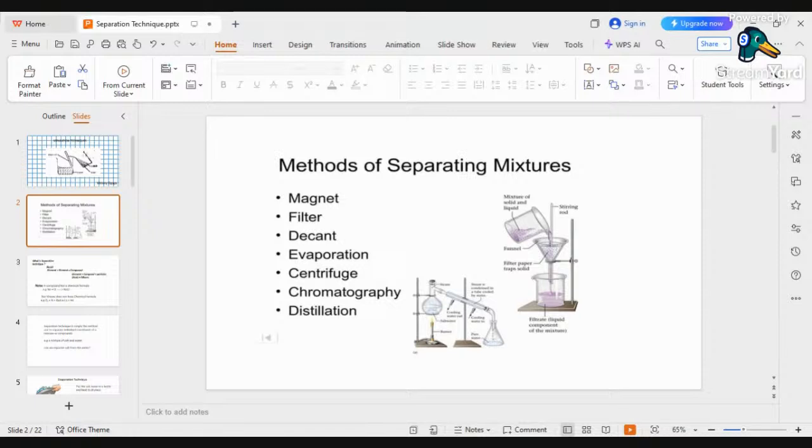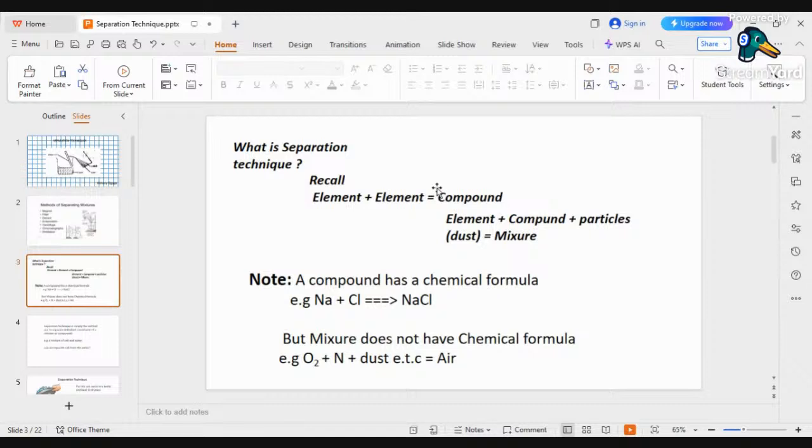We have magnetization, the filter method, decantation, evaporation, centrifugation, chromatography, distillation. So first, we are going to start with what is separation techniques.